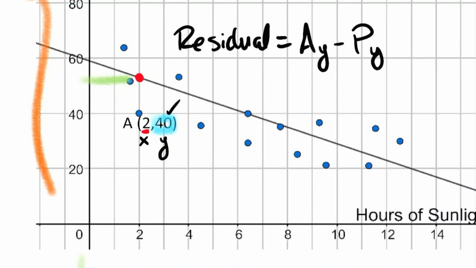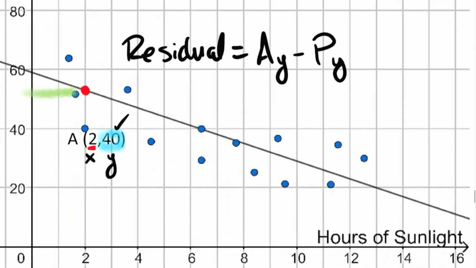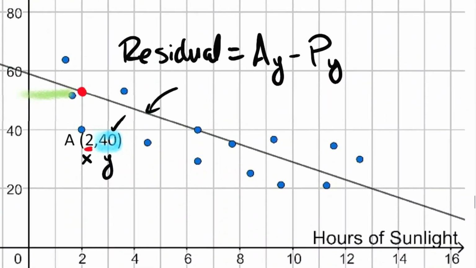Well, this model, again, I'll remind us, is the equation y is equal to negative 3x plus 59. So this model is y equals negative 3x plus the number 59. And I want to know what this model predicts when x is the number 2.